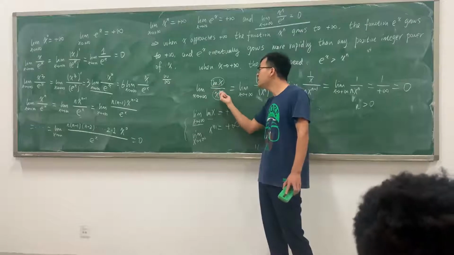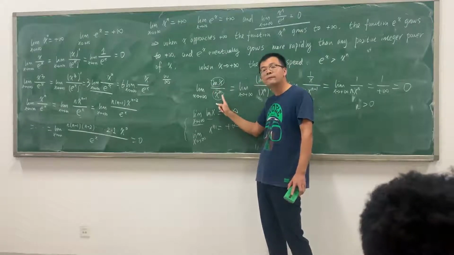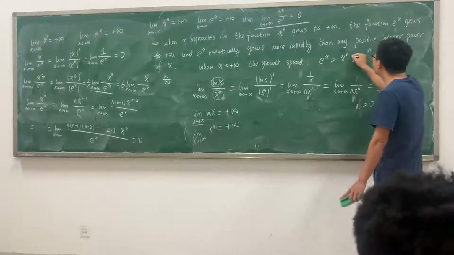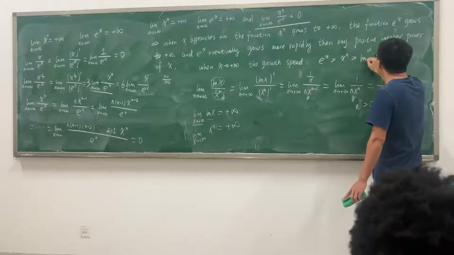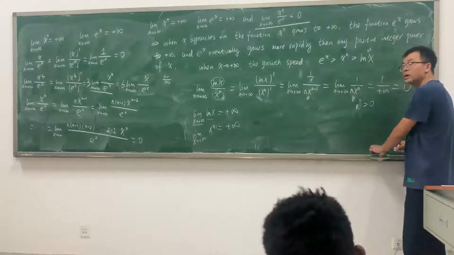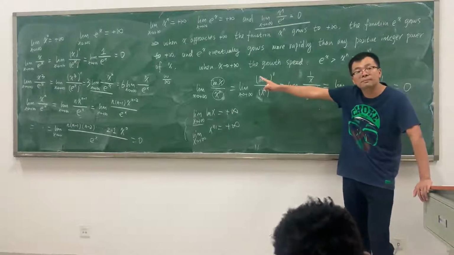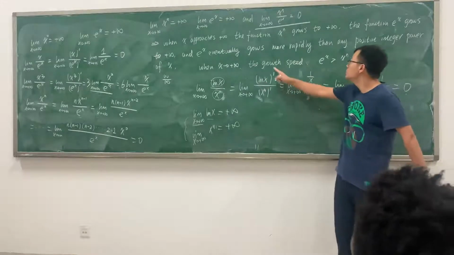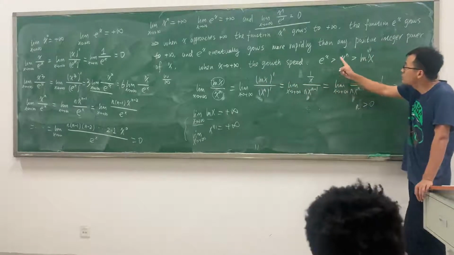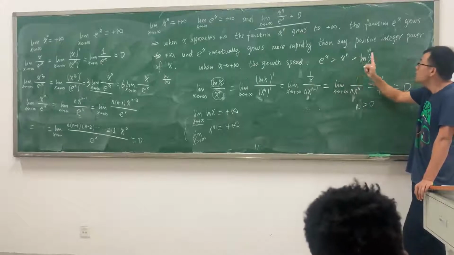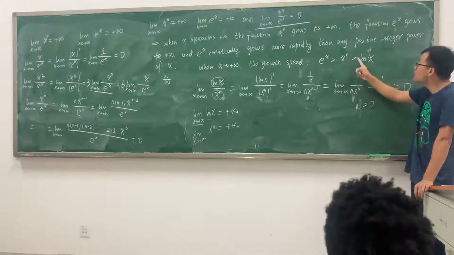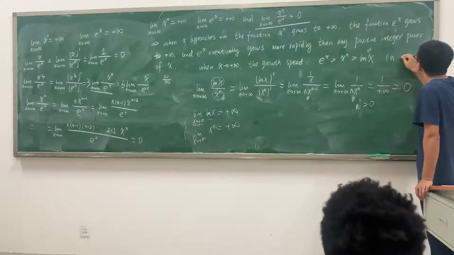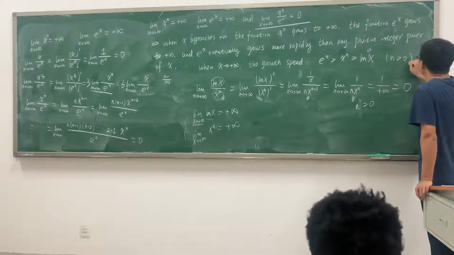Here ln x is slow, and x to the nth power is fast. So we have this conclusion: when x approaches plus infinity, the growth speed of x to the nth power is greater than ln x. Here n is positive.